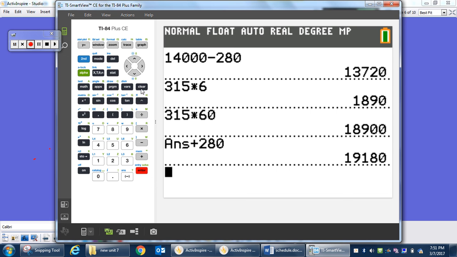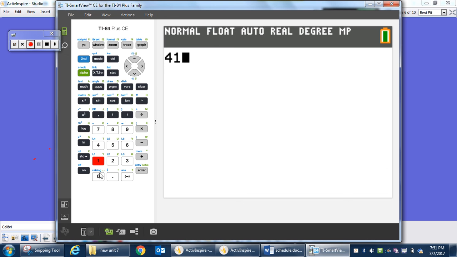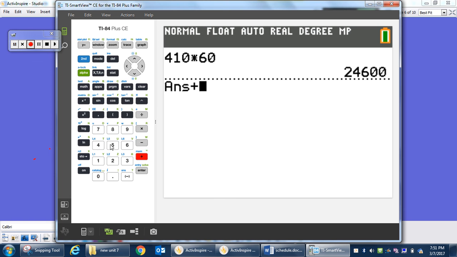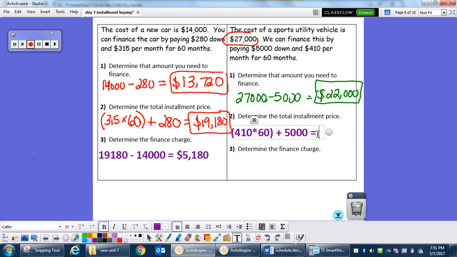I'm just going to recheck that though. 410 times 60 plus the $5,000 we put down. Yeah, $29,600 is the total amount you're going to be paying.